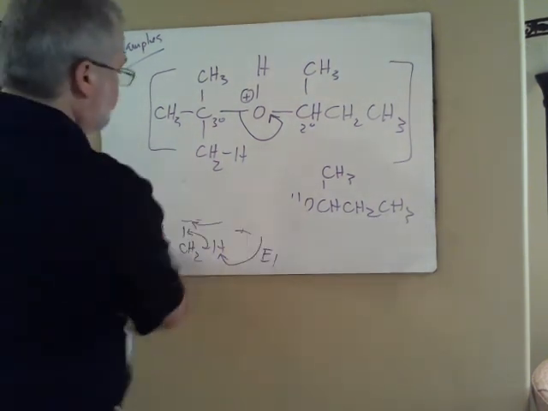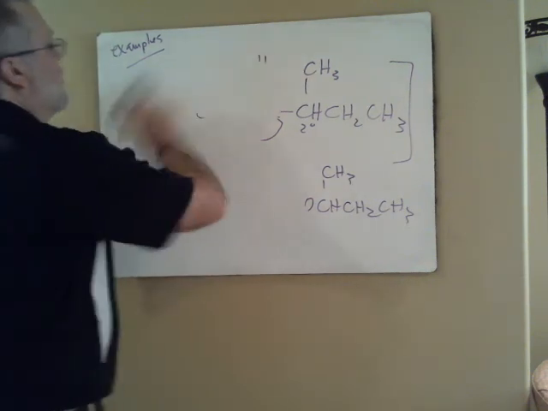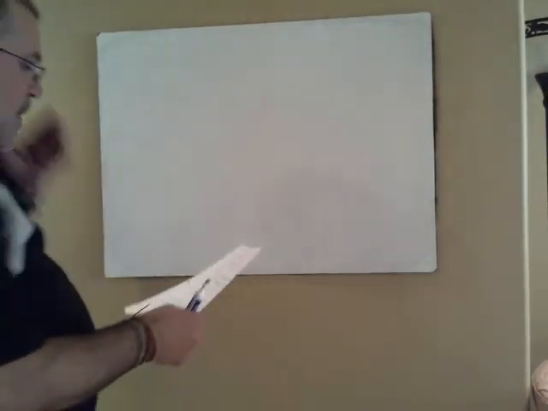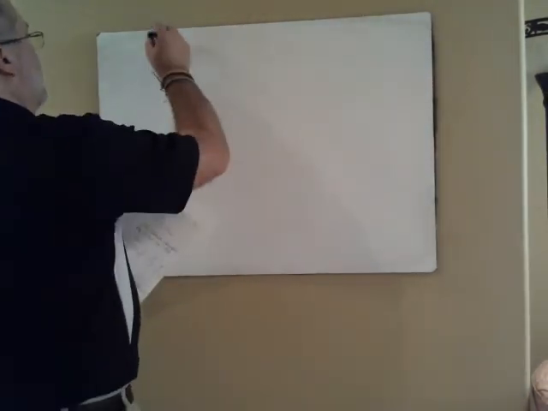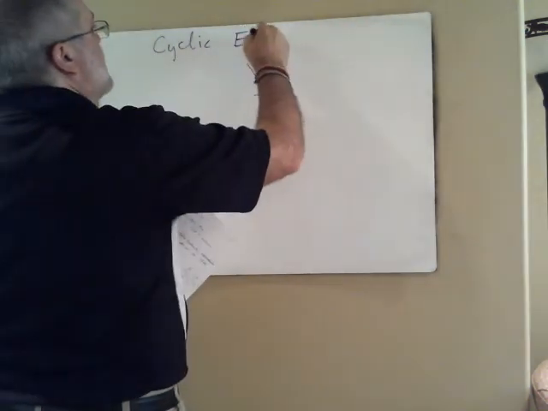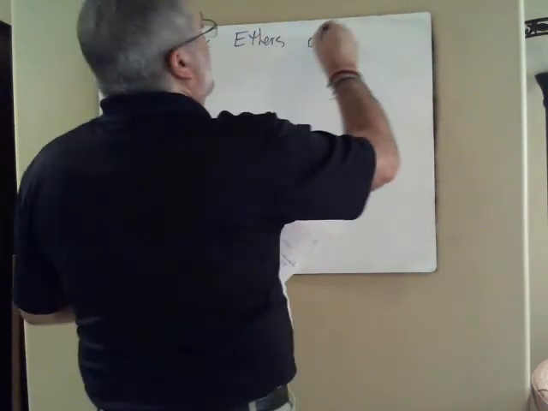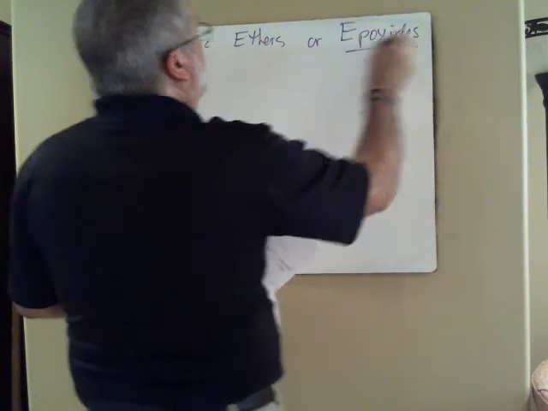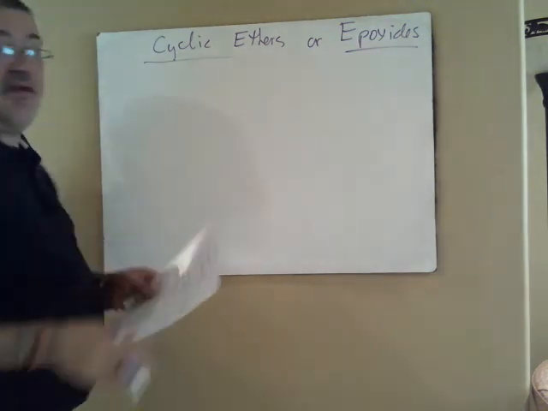All right. So moving forward, some examples of cleavage. But what happens now when you have cyclic ethers, or epoxides? And so we're going to quickly see that epoxides are going to be a different animal.